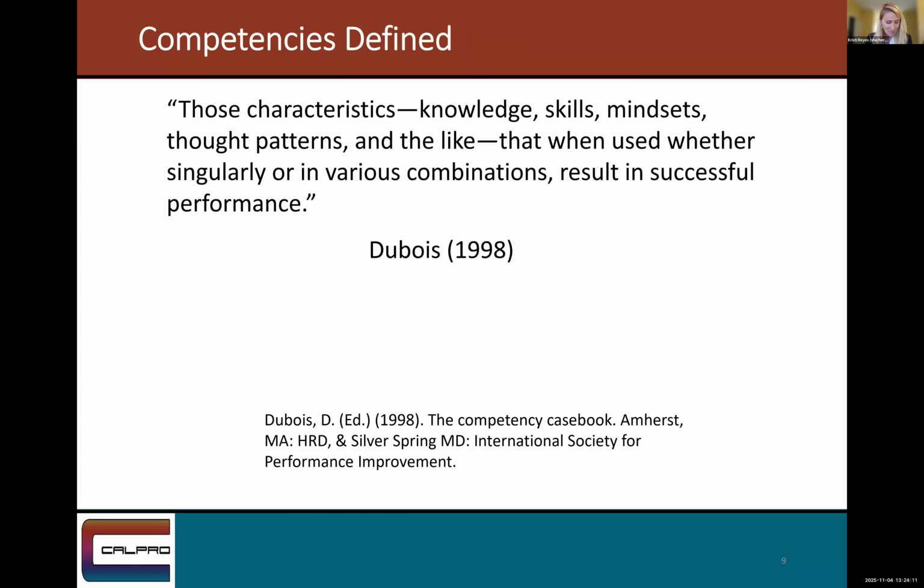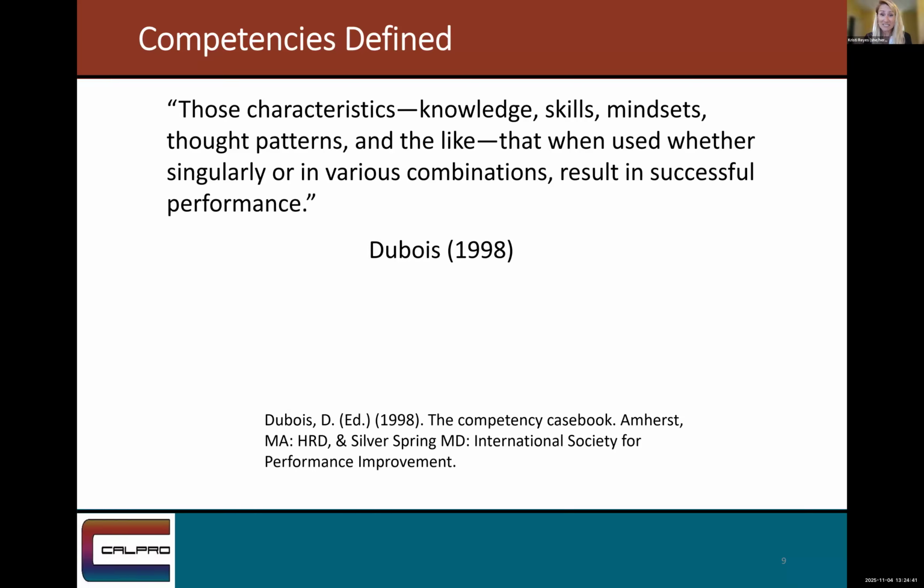Exactly. So this quote is from Dubois, and he provides this definition of competencies, especially as they apply to our profession, to what we do. Competencies are those characteristics, knowledge, skills, mindsets, thought patterns, and the like that when used, whether singularly or in various combinations, result in successful performance.